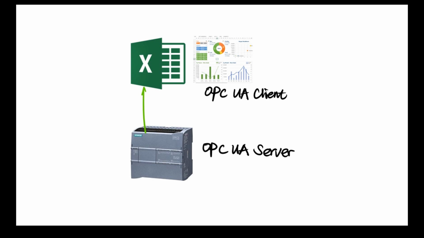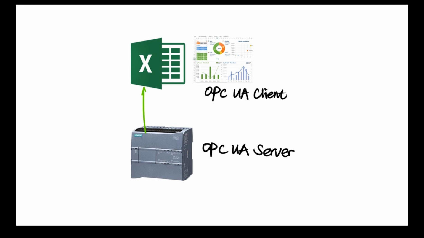As we know, Siemens S7-1200 V4.4 already has the built-in OPC UA Server function. Other than that, BECKHOFF controllers, Omron NJ, NX, most of them already have the OPC UA Server function built in.